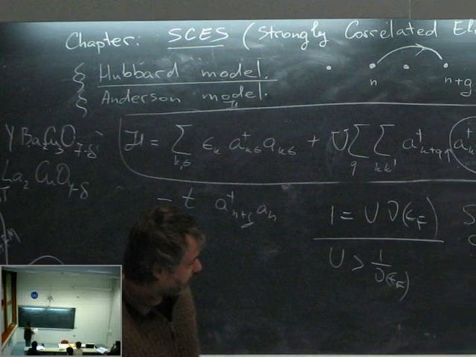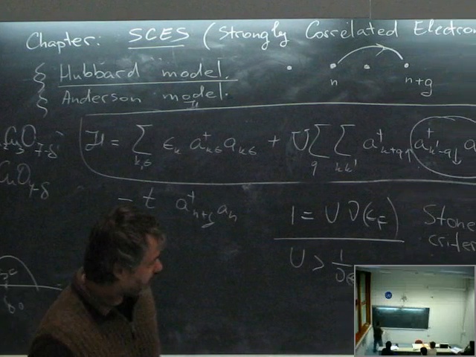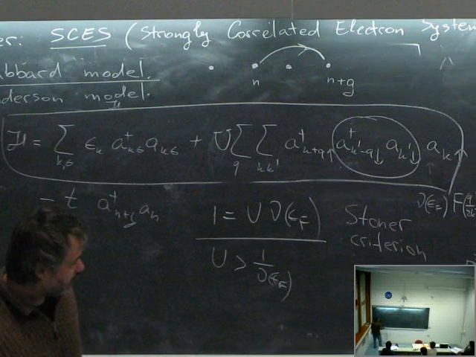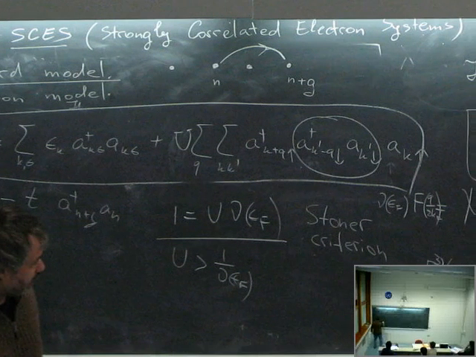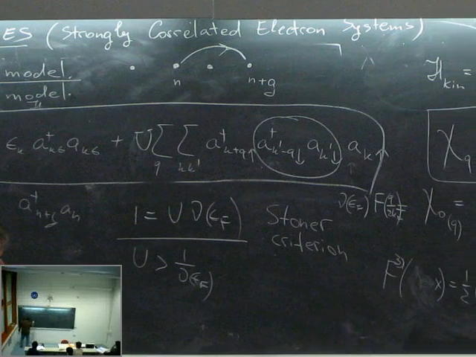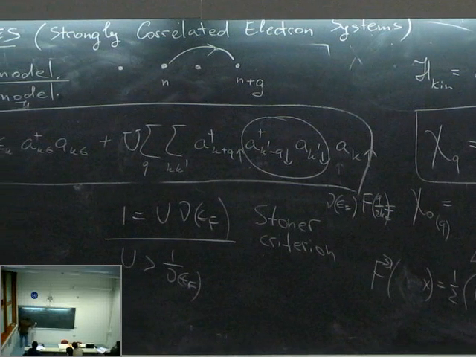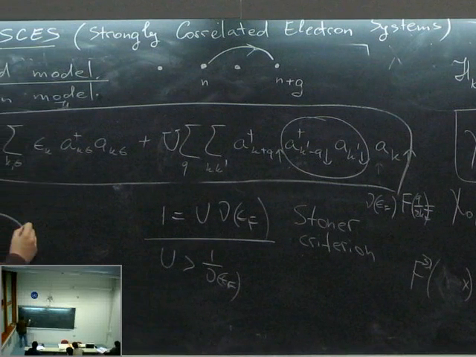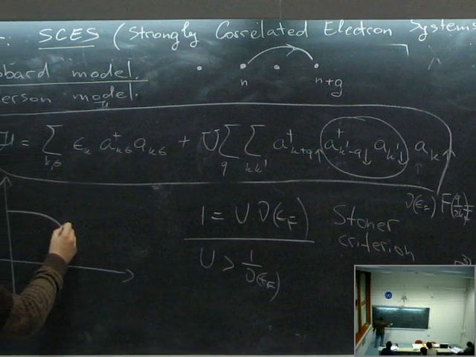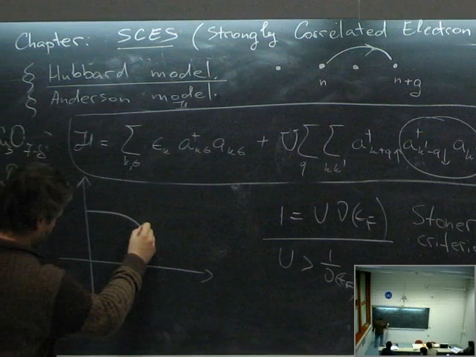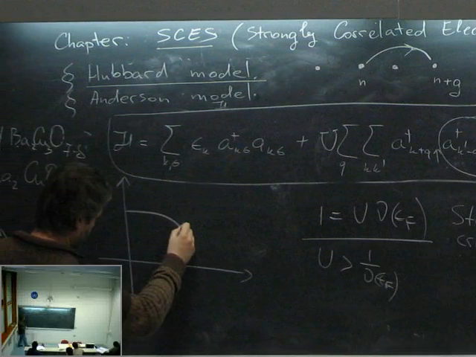Let me now plot this susceptibility chi naught as a function of Q, which is basically a Lindhard function. We discussed it yesterday a little bit. So this is chi as a function of Q, and this is 2kF, and this is 1.